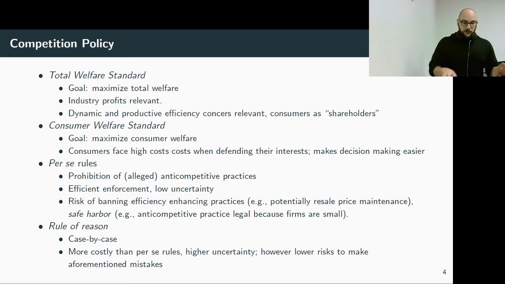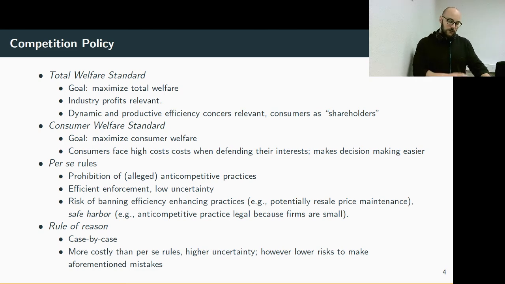If we compare these two rules, then we see that per se rules have advantages in the sense that they are quite efficient and there is low uncertainty, right? Because if you know that, for instance, cartel infringements are per se forbidden, then enforcement can be pretty efficient.